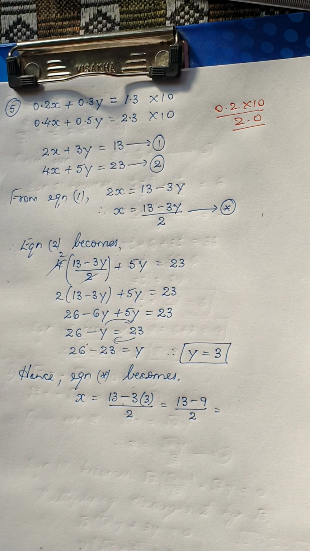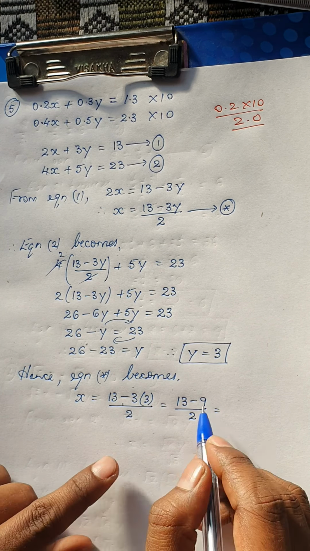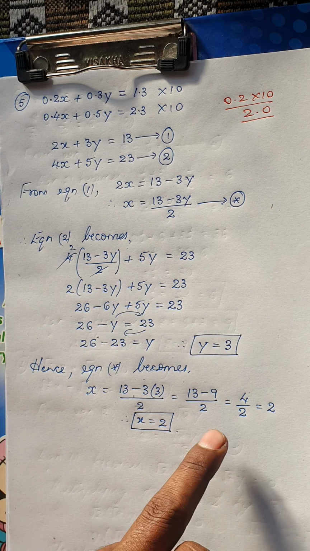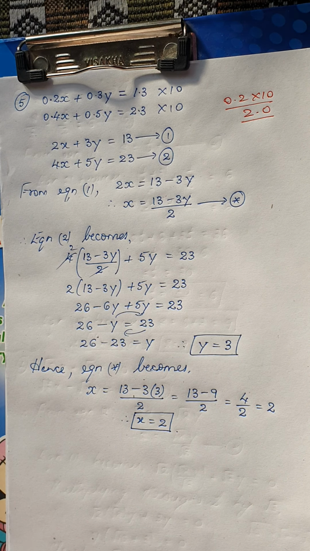So this is nothing but, what is 13 minus 9? So this is 4 by 2. This is nothing but 2. Hence we get x is 2. So the values of x and y, which are unknown for the above given pair of linear equations, are: the value of x is 2 and the value of y is 3. Is it clear? Very simple, isn't it?